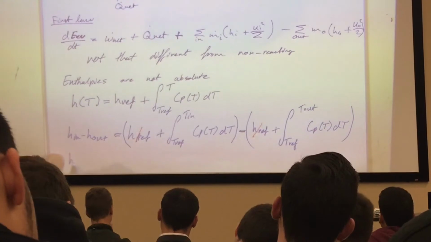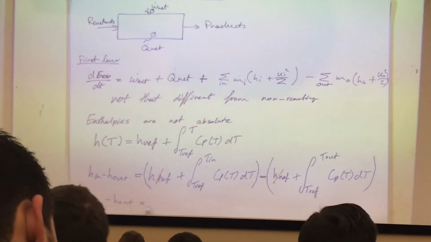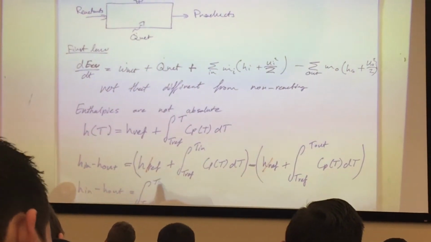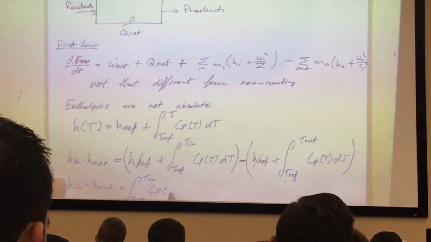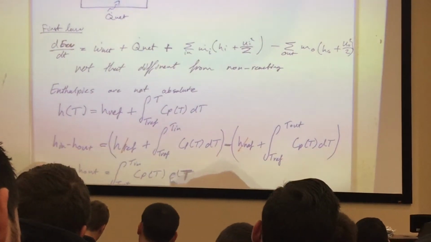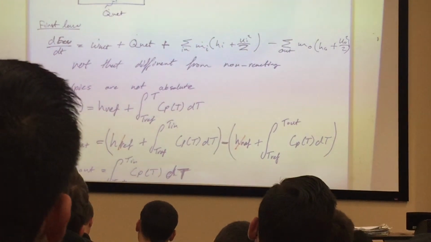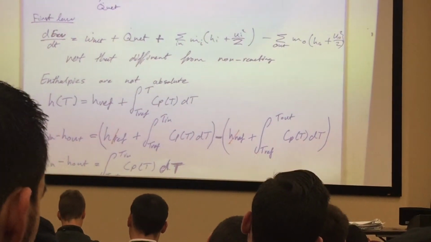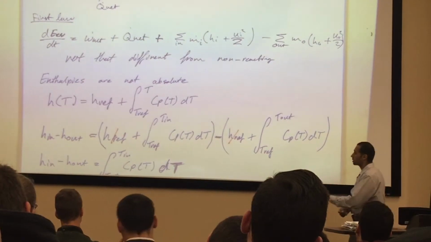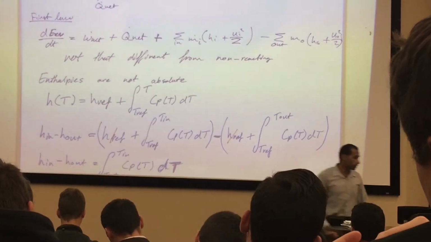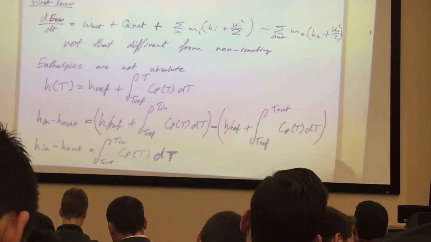H in minus H out is equal to the integral from T out to T in of Cp(T) dT. So there's nothing special about it other than the fact that now enthalpy is varying over temperature, with a large temperature change between the input and output. There's a significant amount of change happening there, and I'm accounting for it through my Cp dT.